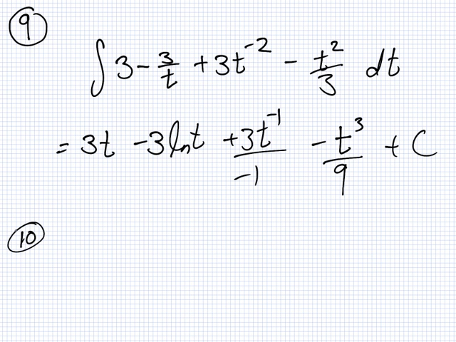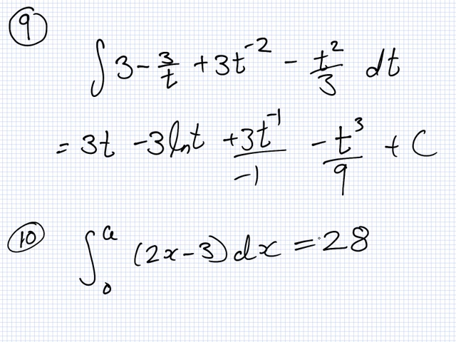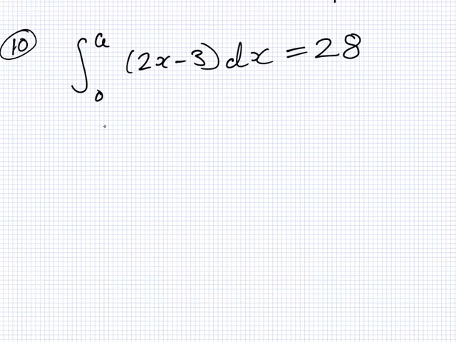Okay, 10. Integrate from 0 to a 2x minus 3 dx equals 28. So in this question, we're missing the upper limit. We don't know what the upper limit is. So let's have a look. This integrates to x squared minus 3x.